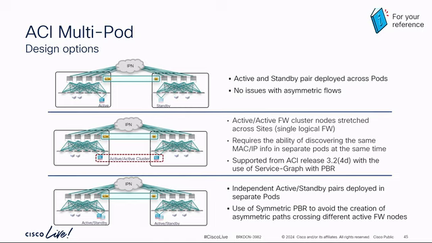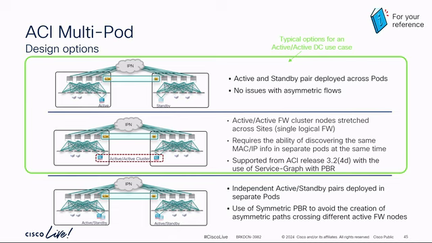The third option is active standby in each pod. This needs symmetric PBR, but this can potentially create unnecessary traffic hairpinning because this is hash-based load balancing. Even if you have source and destination endpoints in pod 1, we might choose a PBR destination in pod 2, and then traffic is coming back. We don't have that much location awareness for east-west, although we can do that for north-south.